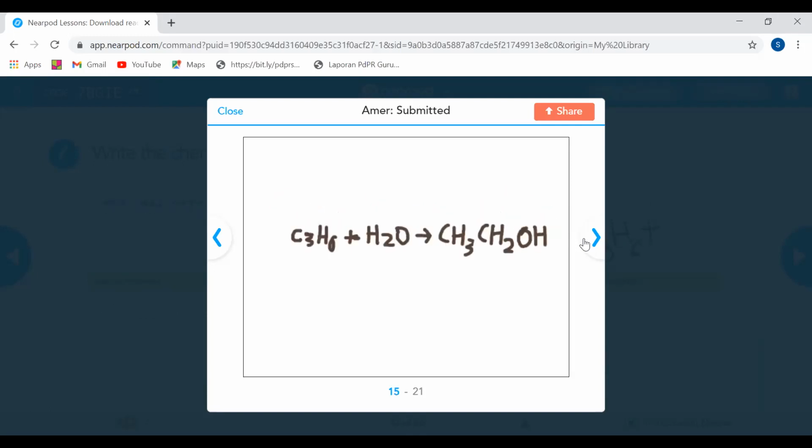Okay, this one is another. Ami is correct in the first part, wrong in the second part. See, here got 3 carbons, here got 2 carbons. He's missing 1 carbon and 2 hydrogens. So imagine got CH3 here, CH2, supposed to be another CH2, then only OH.